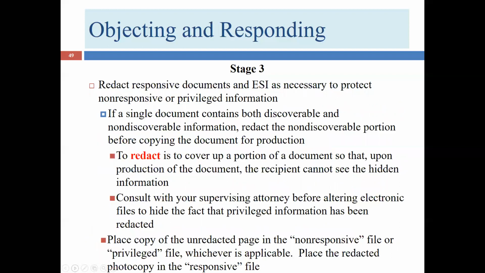Okay, so we're going to sometimes need to edit responsive documents, where you use the term redact, which means to cover up, obscure parts of the documents that aren't responsive and/or that are not subject to discovery and/or that are privileged.